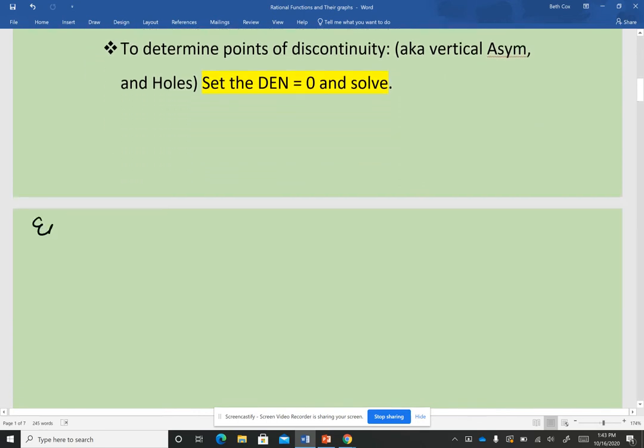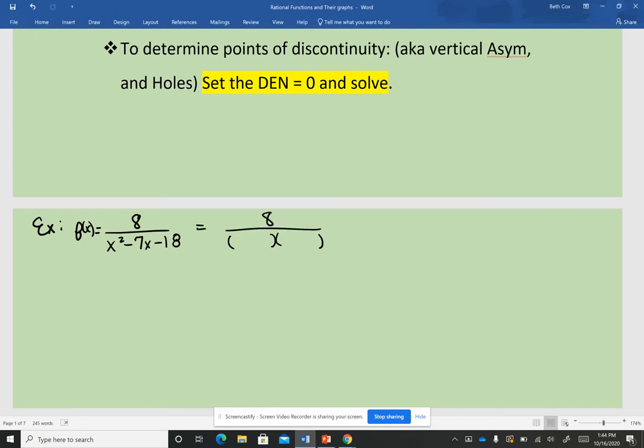So for our first example, we want to determine the domain of a function that says 8 over x squared minus 7x minus 18. This is our function. The first thing we want to do is factor the denominator. If the numerator was factorable, we'd be factoring it as well, but it's not, so we're just going to factor the denominator, and this gives me x minus 9 and x plus 2. Those are the factors.